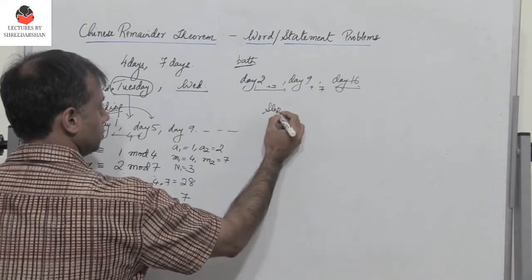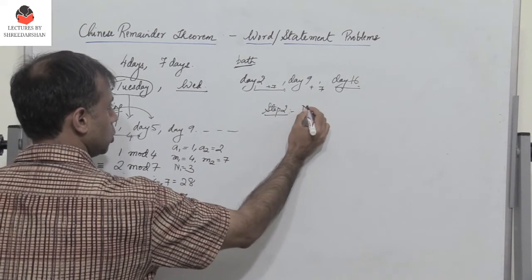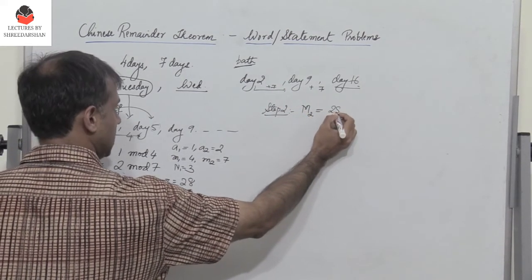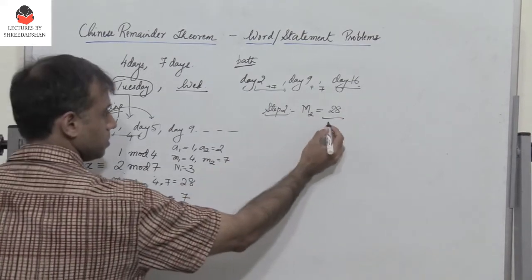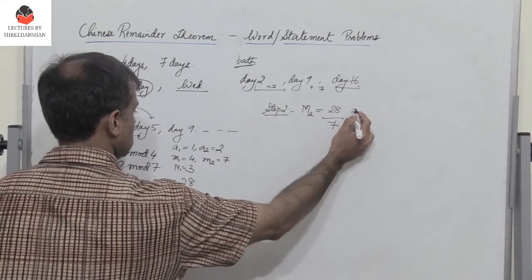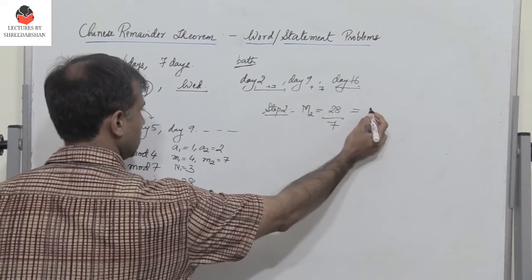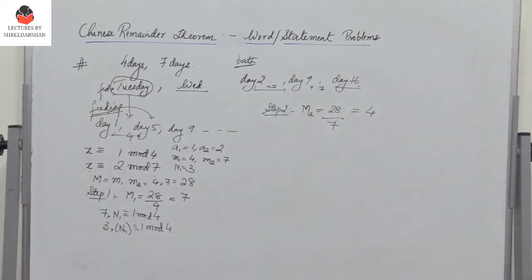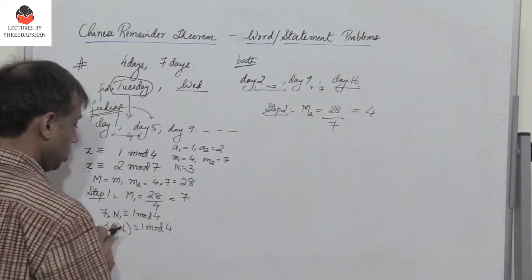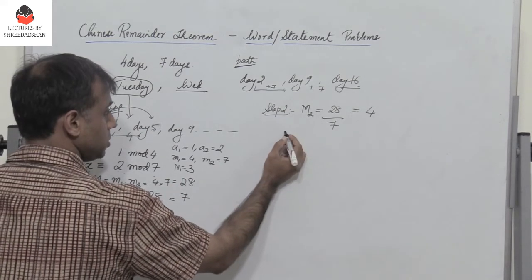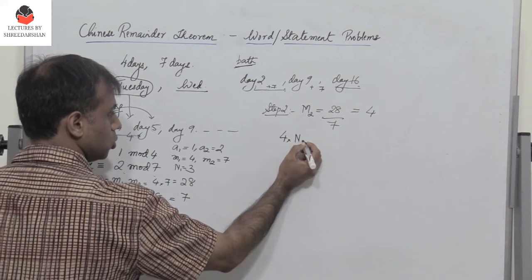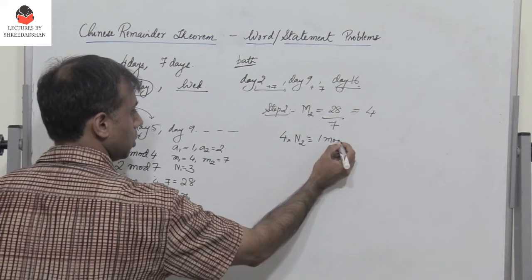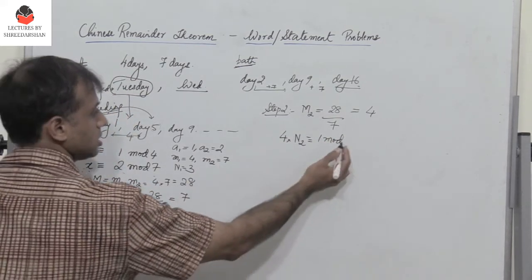Next, step 2. Find M2, which is capital M, 28, divided by small m2, which is 7. So 28 by 7 is 4. And then I need to find the value of N2 there. So M2, which is 4, into N2 is congruent to 1 mod m2, which is 7.